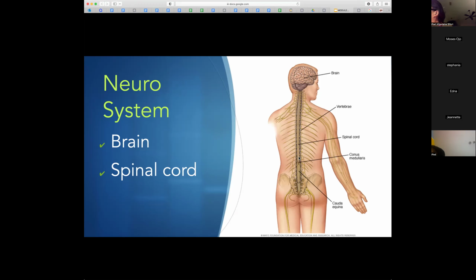So we have brain, spinal cord, and then we have the nerves. I want you to write down that the nerves make up the peripheral nervous system.